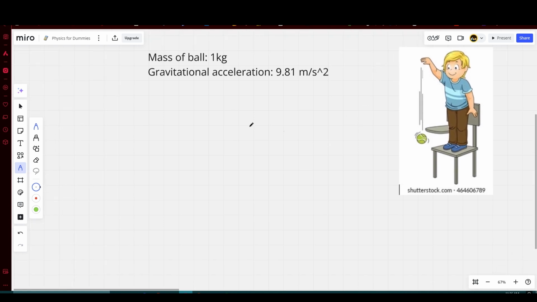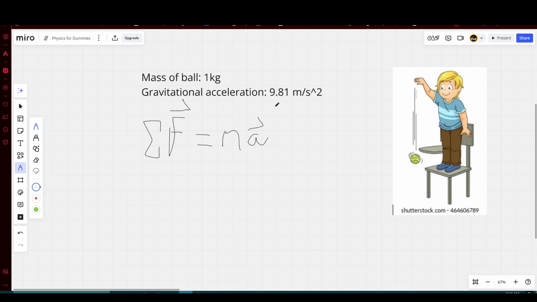So we know that the sum of all forces acting on an object is equal to its mass multiplied by its acceleration, right? Also, don't forget that in equations like this, you want to specify what direction you want to make positive. That's the whole reason why we even have vectors.